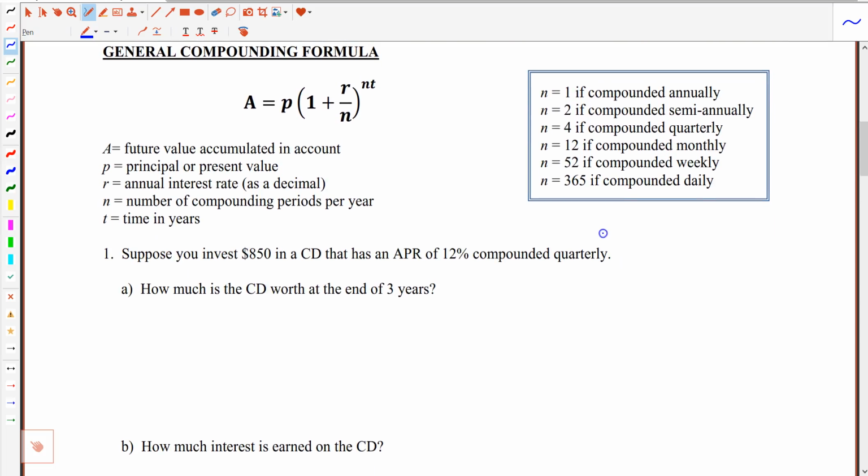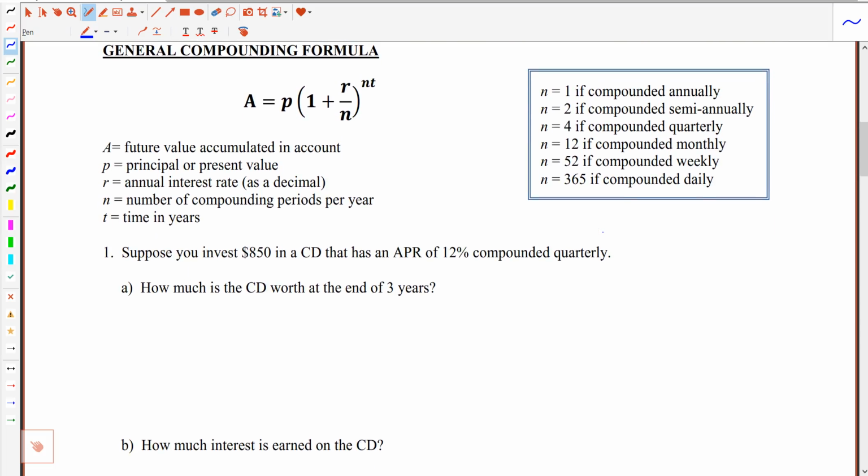So in this example, it says suppose you invest $850 in a CD that has an APR of 12% compounded quarterly. Now a CD stands for a certificate of deposit, and it's a type of investment that's maybe offered by banks.